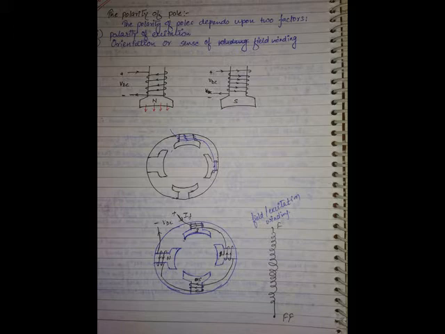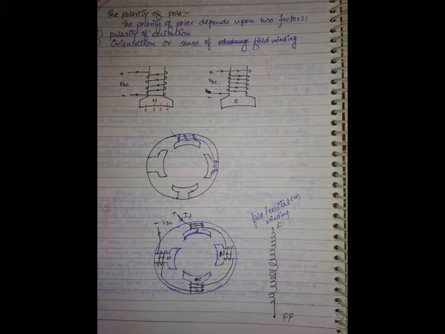You are rotating the armature, and where you are getting the induced EMF, the output? The armature only. So the armature is the main part in the machine, the heart of the machine, where mechanical to electrical energy conversion is taking place.